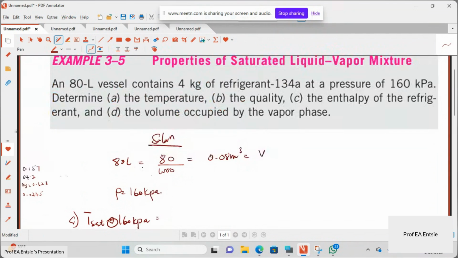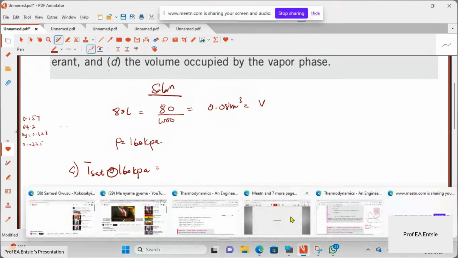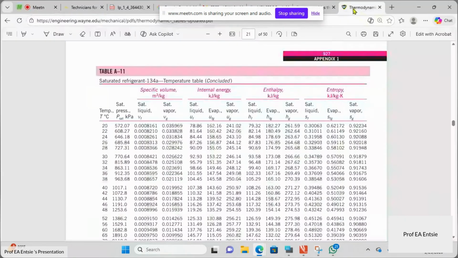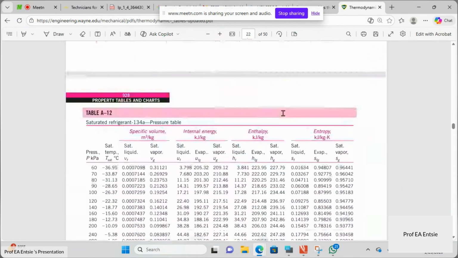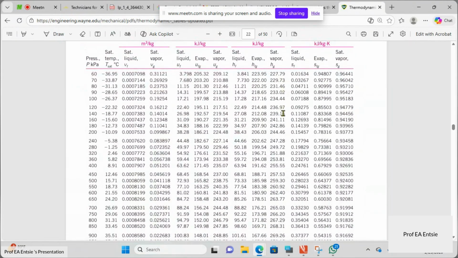Let me quickly deal with the Tsat. I'll come here to the steam table, then look for saturated refrigerant. They gave us pressure this time, so I will not use the temperature table. I'll go down and look for the pressure table. The pressure they gave me was 160.